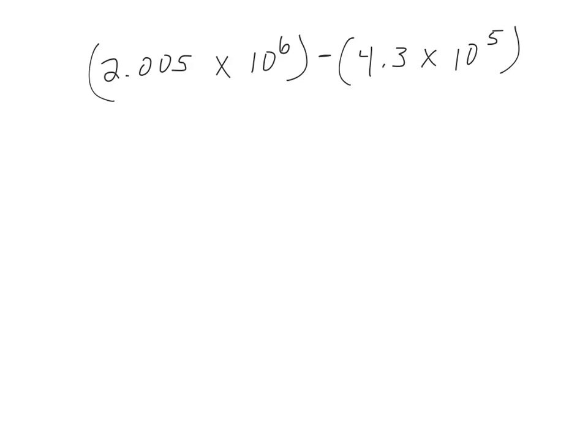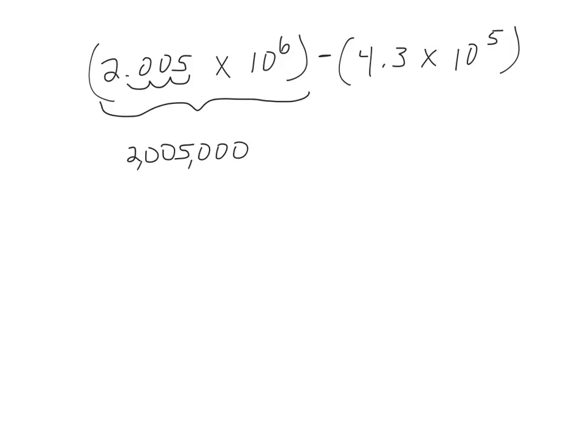Again, like the last time, the first step is let's change it into standard notation. So I will have to move this decimal 6 spots to the right for the first one. Okay, so this one here becomes 2, 0, 0, 5. That's 3 spots. And then I have to do 3 more spots to make it 6, and those become zeros. Okay?